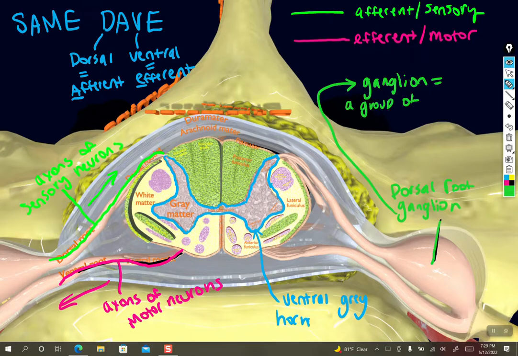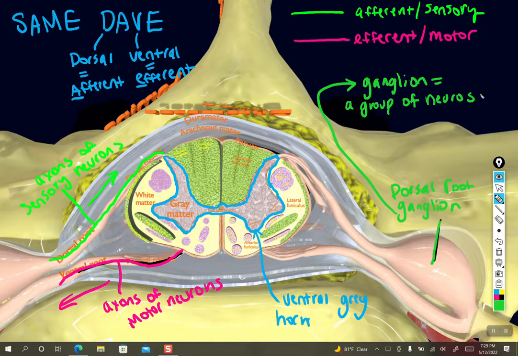So soma means body, somata means bodies, and neuro means neuron. A group of neurosomata in the peripheral nervous system. Groups of cell bodies in the central nervous system we call other stuff.